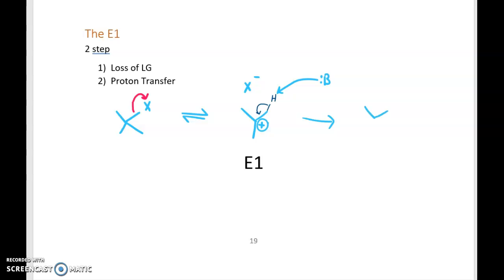So we'll end up with, and let me get the right color, there. All right. This will be an elimination. And it is unimolecular, which is why we call it an E1 reaction.